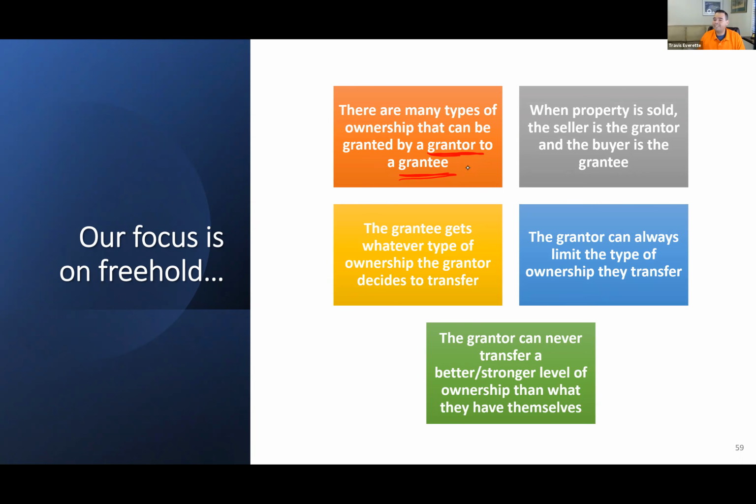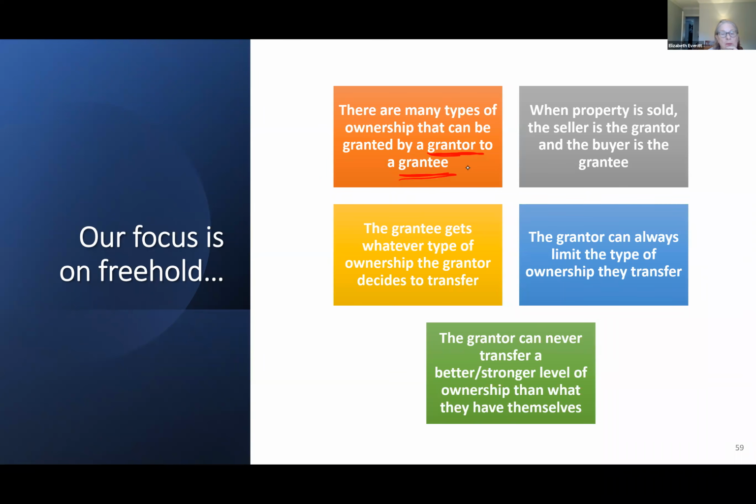But if somebody dies, that's not a sale. We still have a grantor and a grantee. If somebody dies, who's the grantor? The dead person or the living person that's getting the ownership? The dead person. And the grantee is the living person who's taking over ownership. If we gift the property, who's the grantor? The one giving it away or the one getting it as a gift?